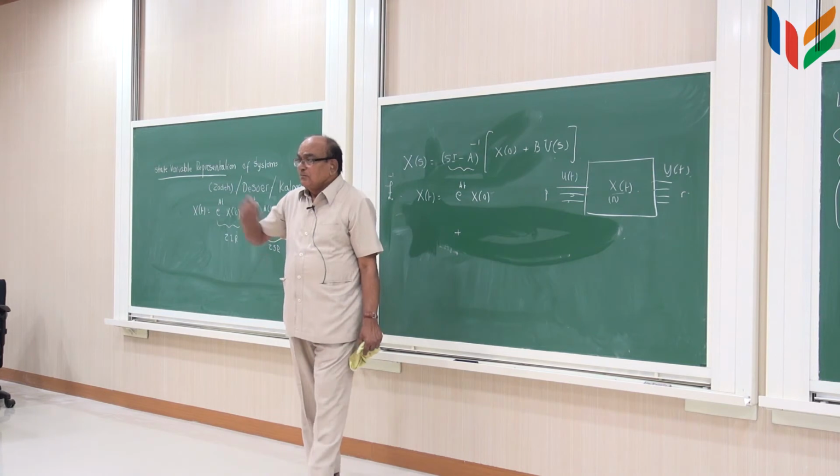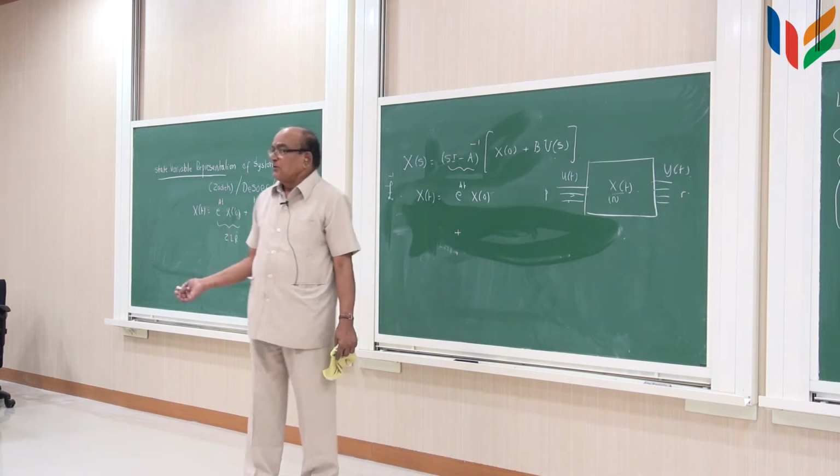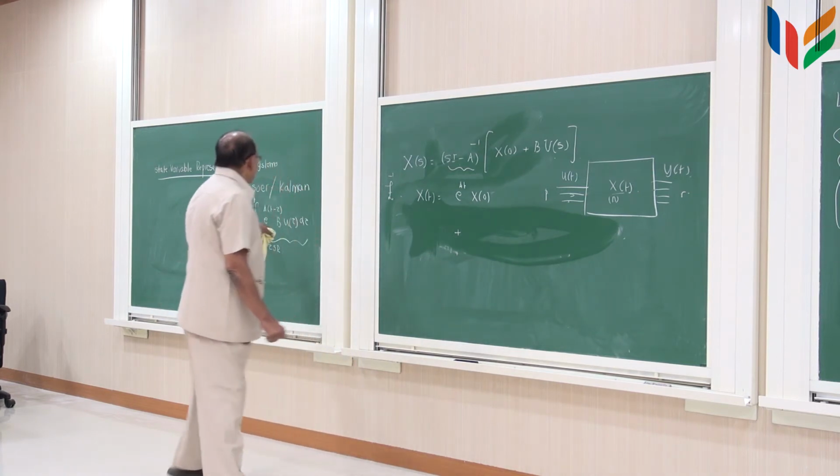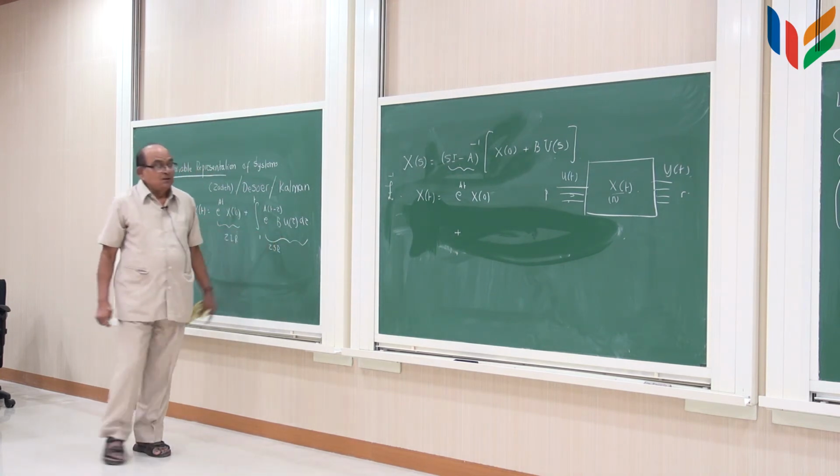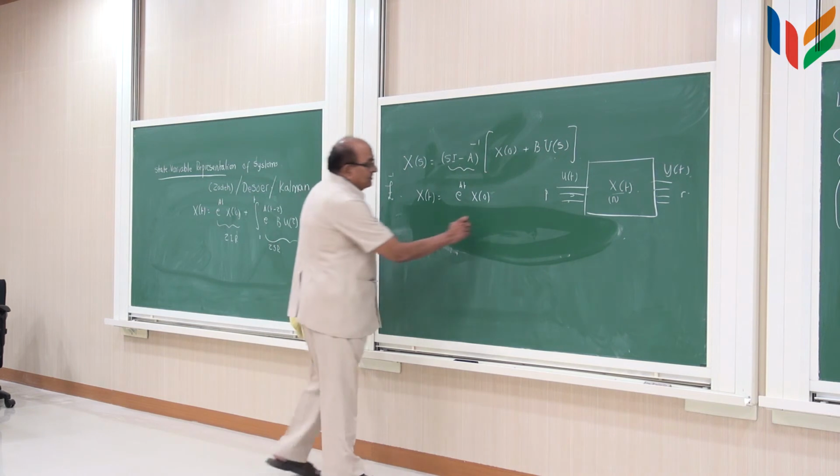So, the time function will be the convolution of these two, which gives you the second part of this equation here, right, which will be plus integral 0 to t.